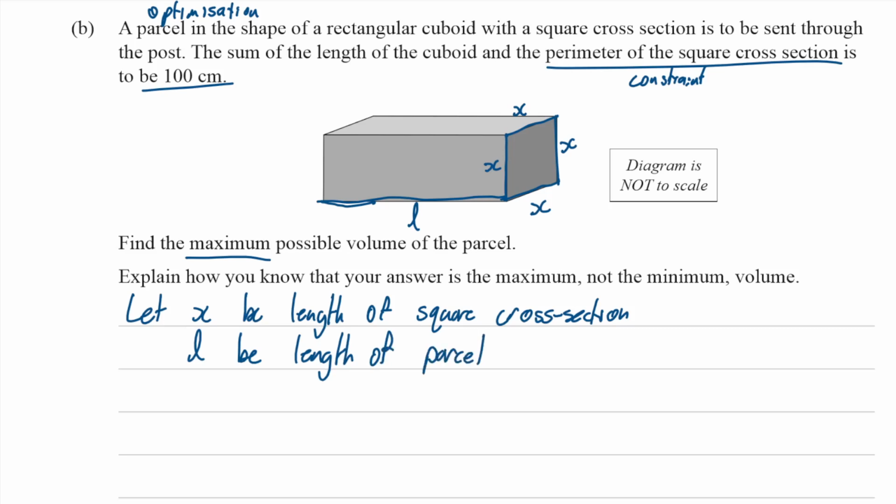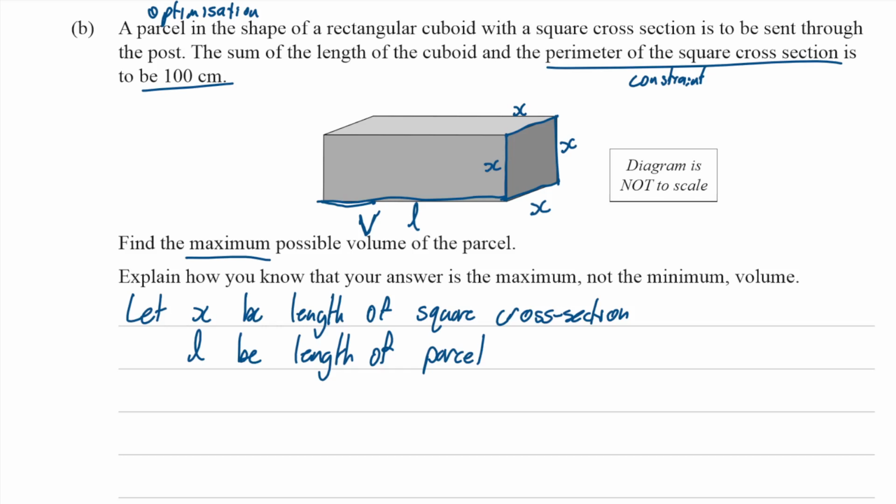So we've parameterized the problem. Now we have a few things going on. We're trying to maximize volume. So ultimately, we're going to want an equation for volume in terms of one of our variables. But right now we have two variables, x and L.